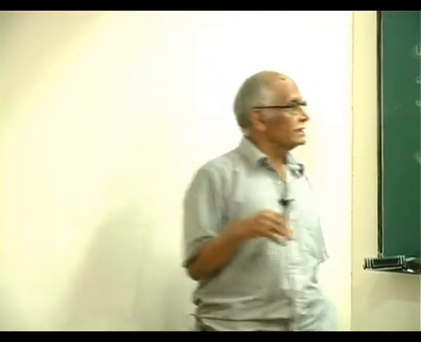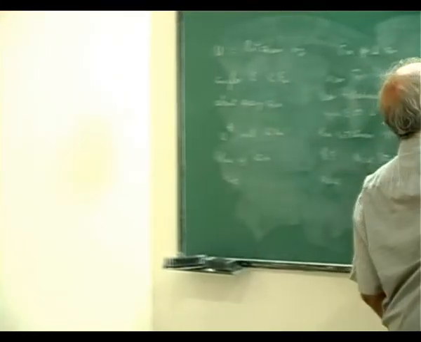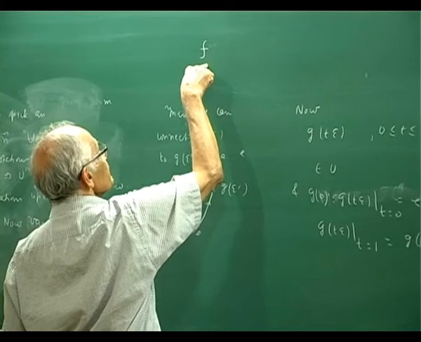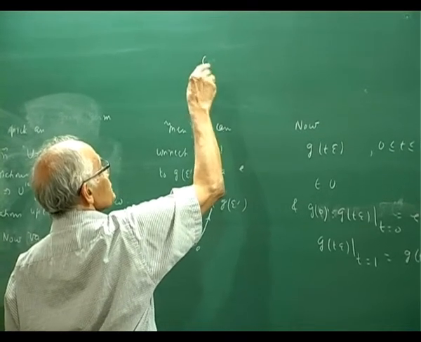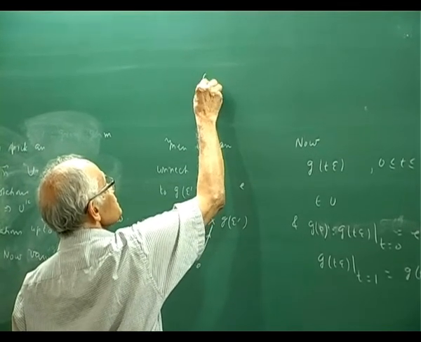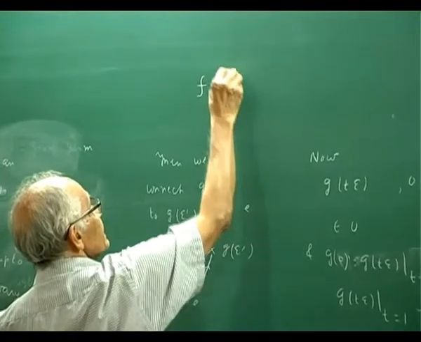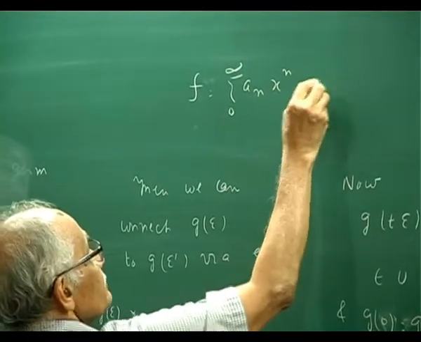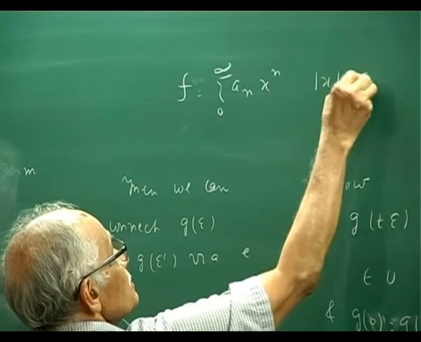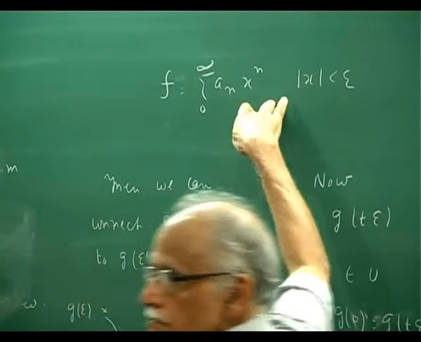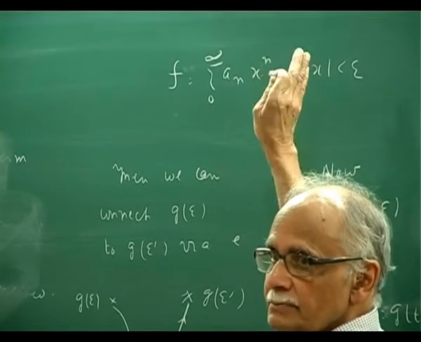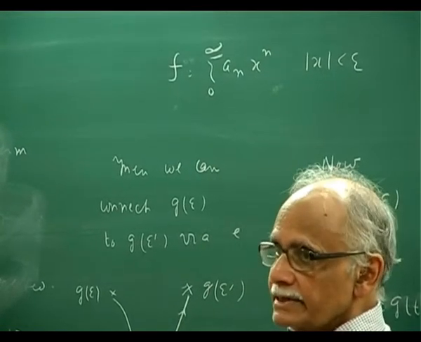But you know that if you have a real analytic function, suppose I give you a power series expansion, sum from 0 to infinity of a_n x to the n, for x less than some epsilon, and it converges absolutely. If it converges up to some point, it will converge absolutely below that.